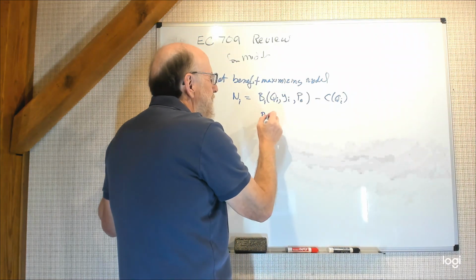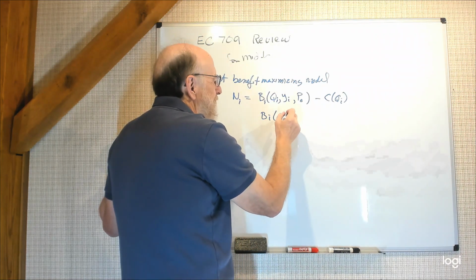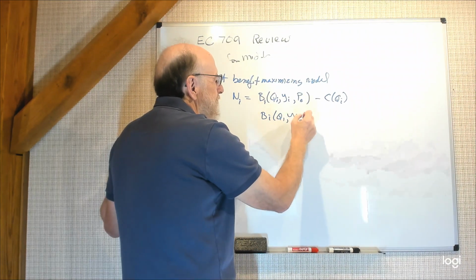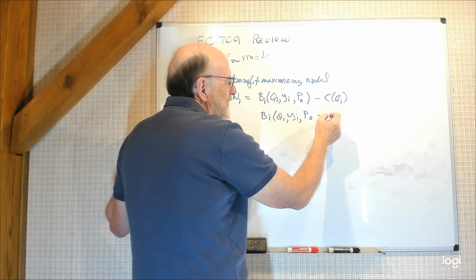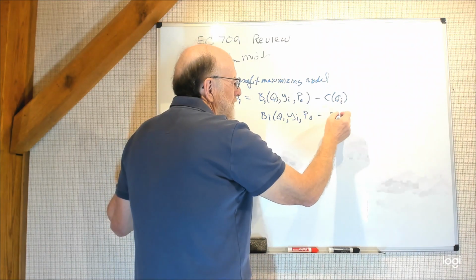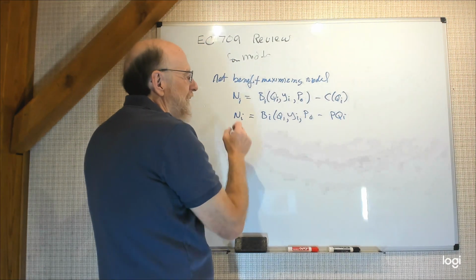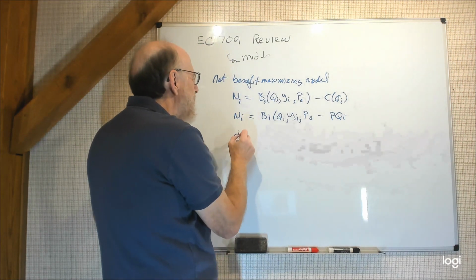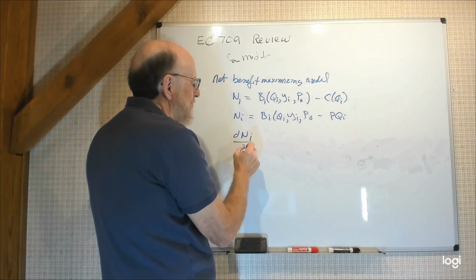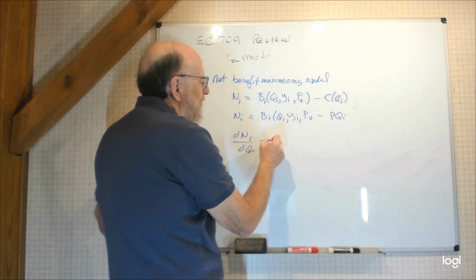And if we assume that this consumer is a price taker, then that's going to be price times quantity. And that will give us a net benefit for the ith person. And then we can take the derivative of that with respect to Q. And that will give us something like this.